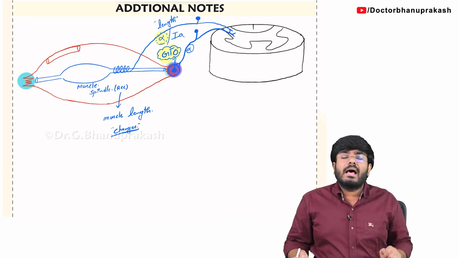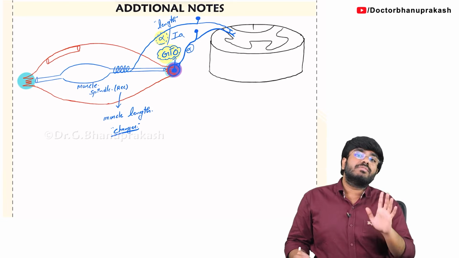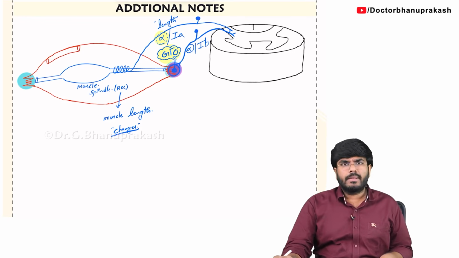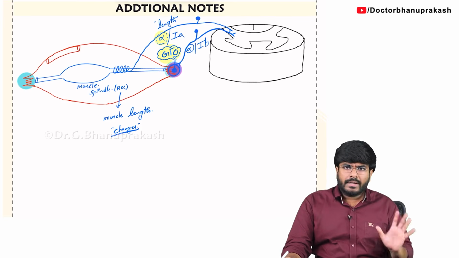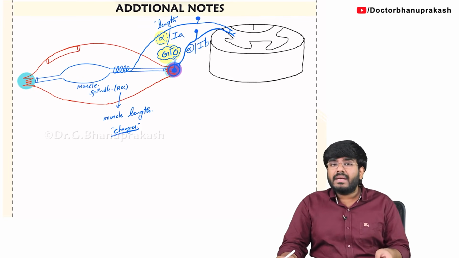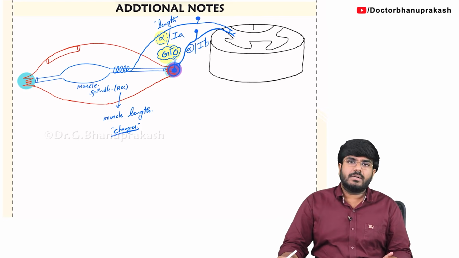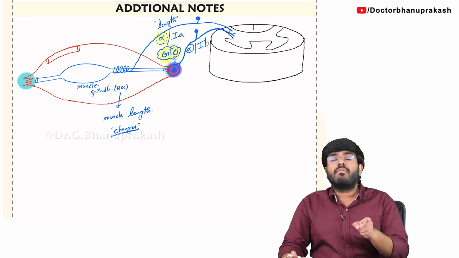The same alpha is given a different name according to a different classification system, as 1B. According to the Erlanger-Grasser classification, it comes under A alpha. But to better maintain clarity, a different system called the numerical system says, rather than calling it A alpha, let's call it a 1B fiber.